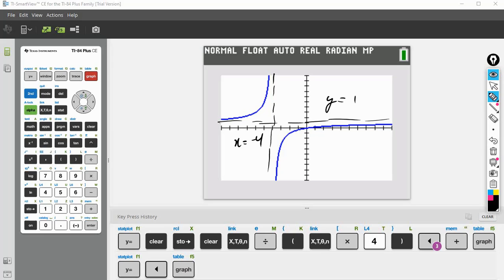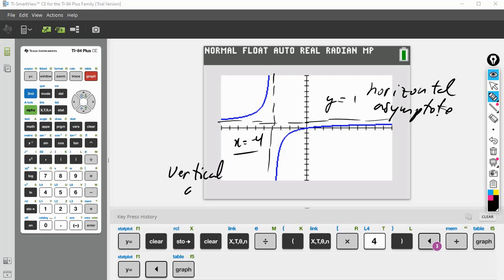So this is what's called a horizontal asymptote. And then this one, because it's in terms of x and it goes up or down, is a vertical asymptote.